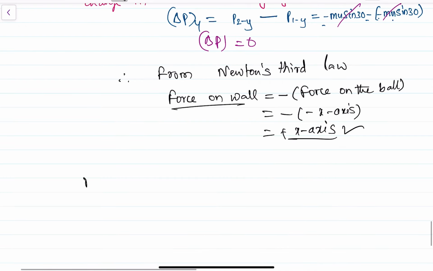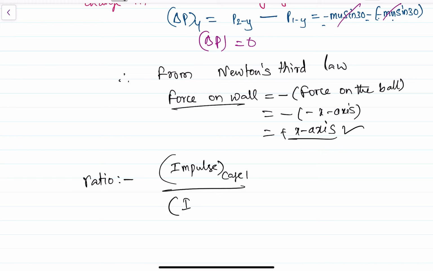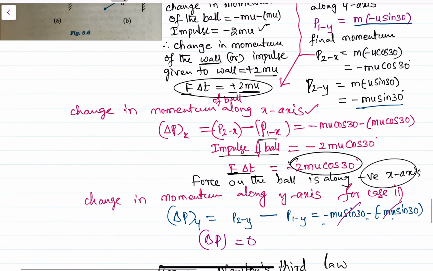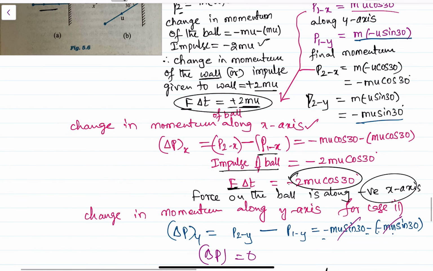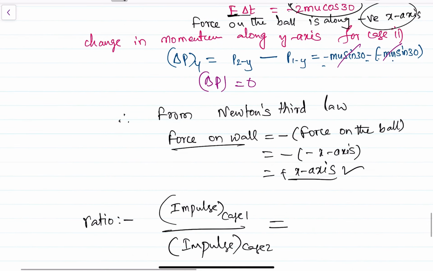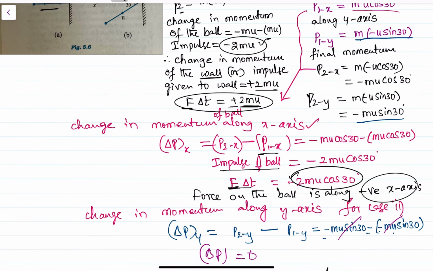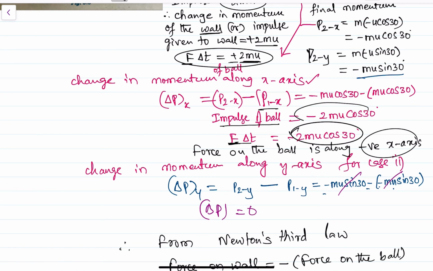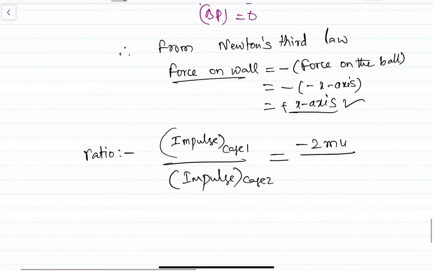Now the ratio of impulse in case 1 divided by impulse in case 2: impulse in case 1 on the ball is minus 2 mu, and impulse in case 2 on the ball, which is the change in momentum of the body, is minus 2 mu cos 30.